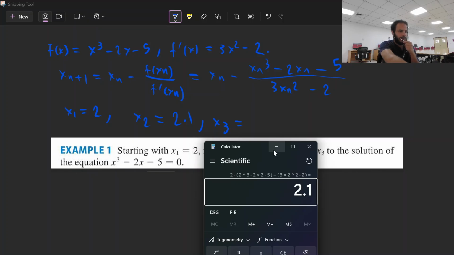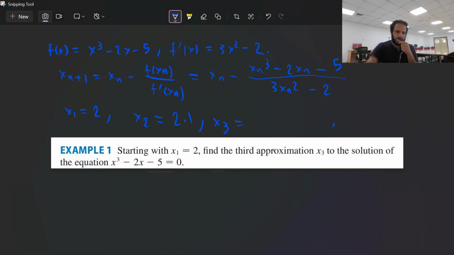And using your calculator, you can use this button, answer. You can use answer when you found x2, right? So you do like this: answer minus answer cubed minus 2 times answer minus 5 over 3, and you keep doing this for the next values. So after finding x3, if you want to find x4, you use answer, so you don't need to write a lot of digits, right? But I will use Control C and Control V, okay?